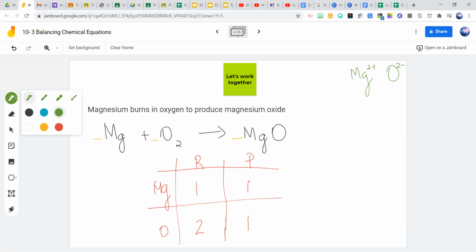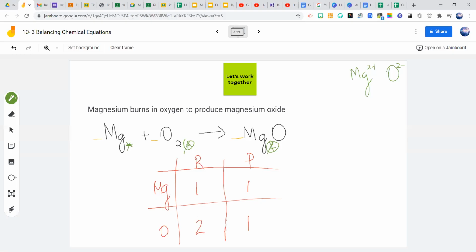So I can't put a number here and put Mg2. I can't change the 2 that's there and put a 4. This is wrong. I can't put a number in between my formula, like a 2 here, so that it can be balanced. That's wrong.